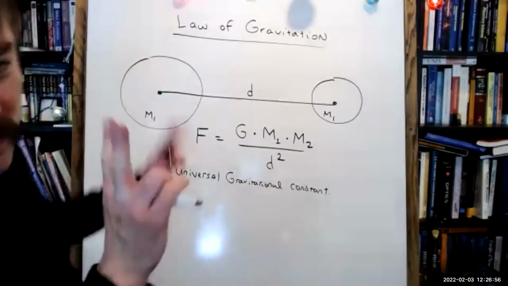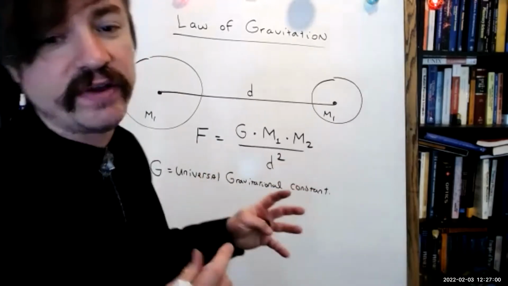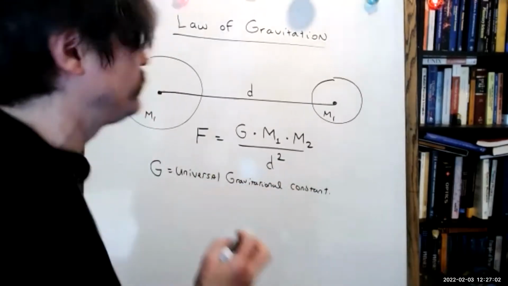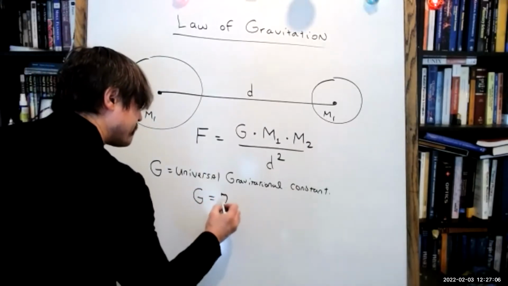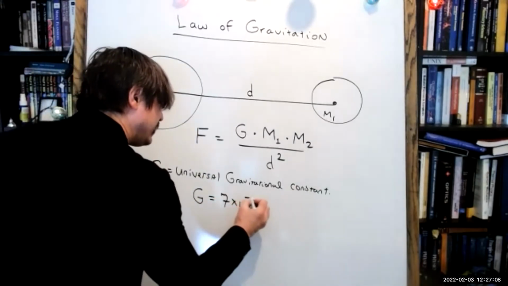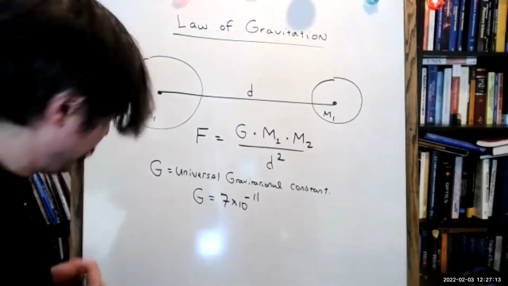It's your first constant of nature. It is baked into the machinery of the universe and it does not change. The value is approximately 7 times 10 to the negative 11. It has really goofy units.